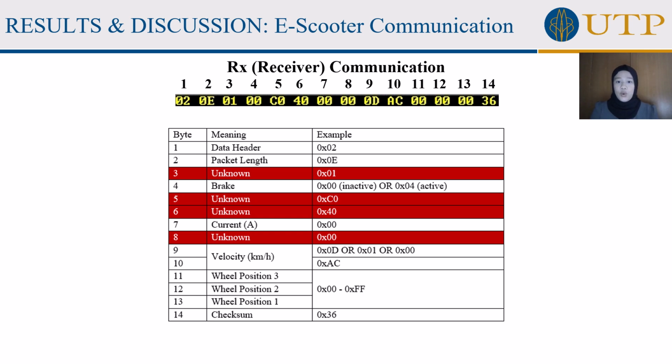Key decoded bytes include brake light status and wheel position. The packets feature a compact design for low latency updates with verifiable header, length, and checksum fields. Wheel position bytes were validated by manual rotation, confirming their role in trip or distance measurements.